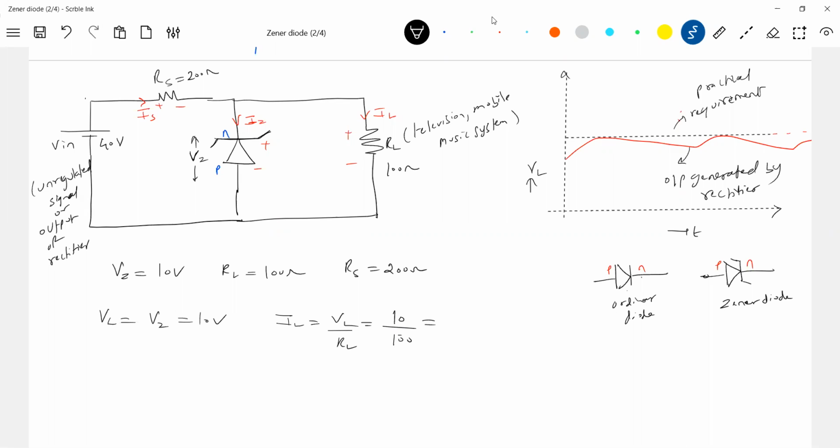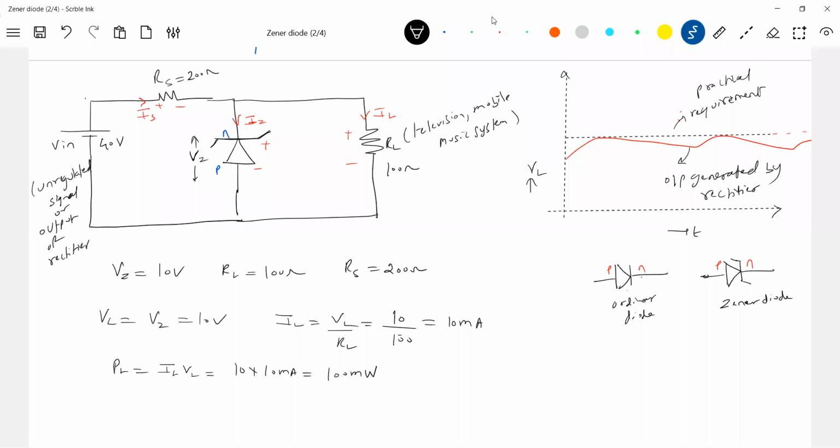So this will be how much? 10 milliampere. So what is the power developed across the load? IL into VL. VL is 10, IL is 10 milliampere. So 100 milliwatt.